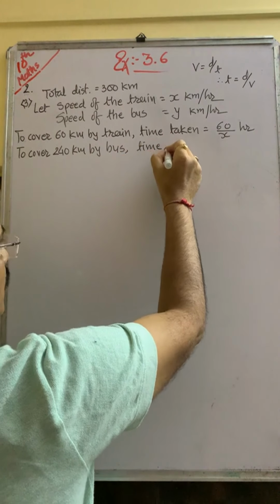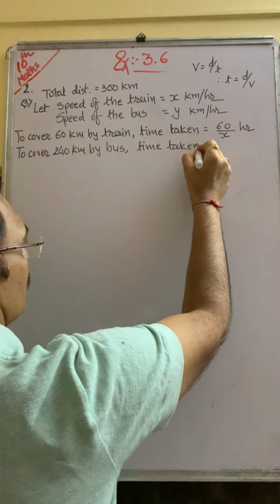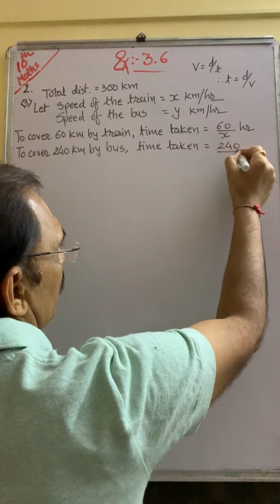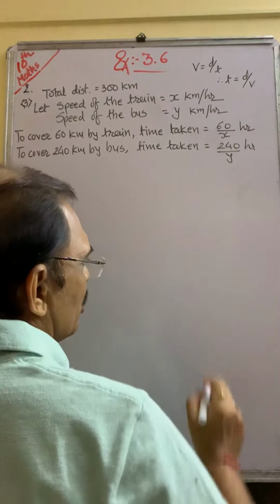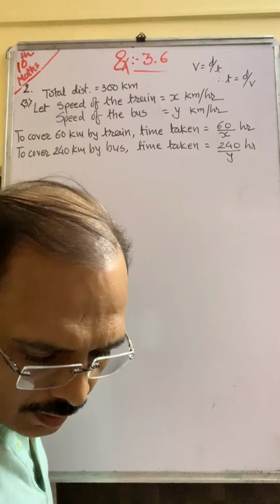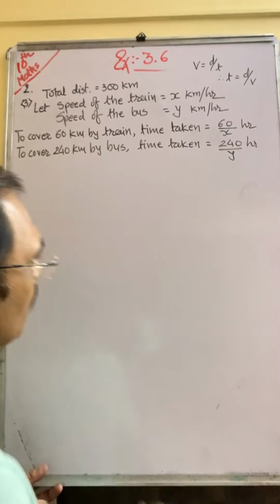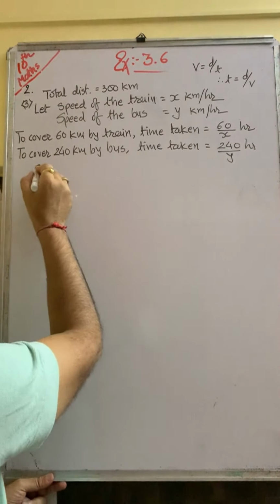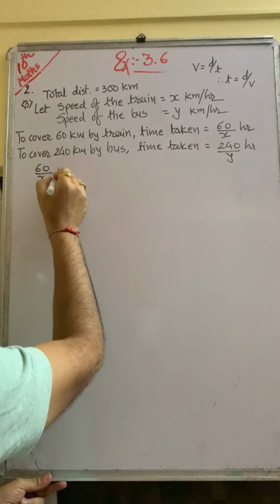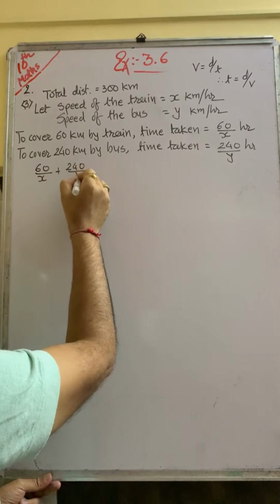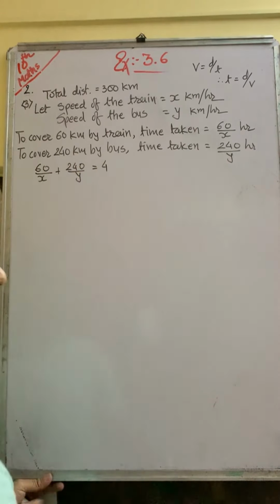Now time taken is what? 240 upon y hours, and total time to reach her home is 4 hours. So train and bus total time 60 upon x plus 240 upon y, that is equals to 4 hours.